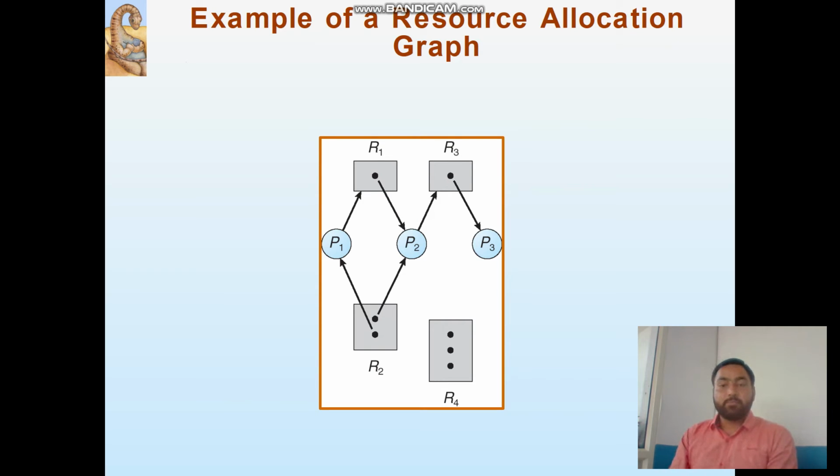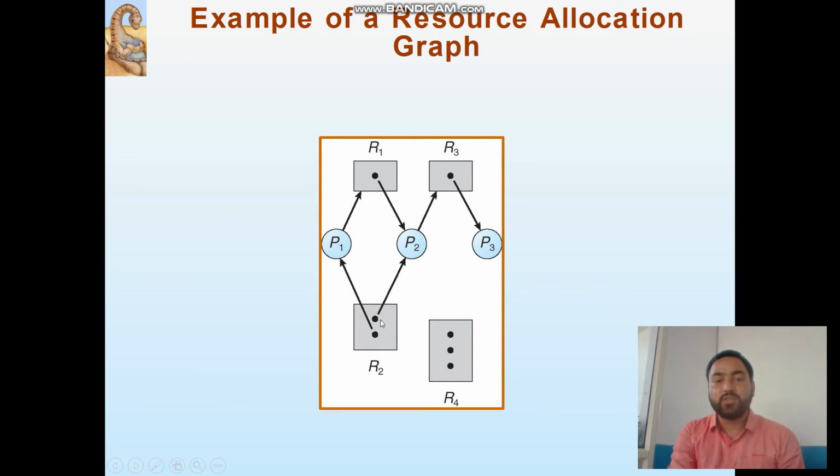Now this is an example of a resource allocation graph in which there are 3 processes P1, P2 and P3 and 4 resources R1, R2, R3 and R4. Resource R1 is requested by process P1 and is assigned to process P2.